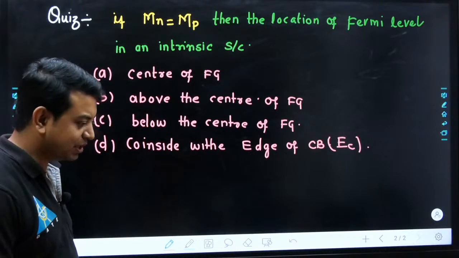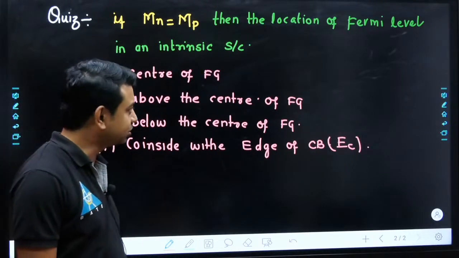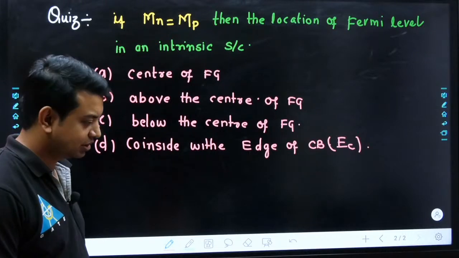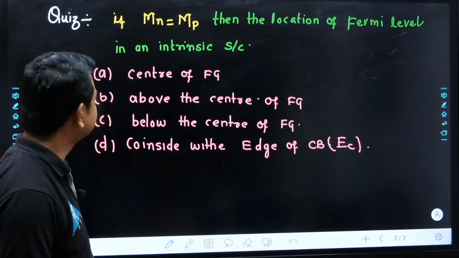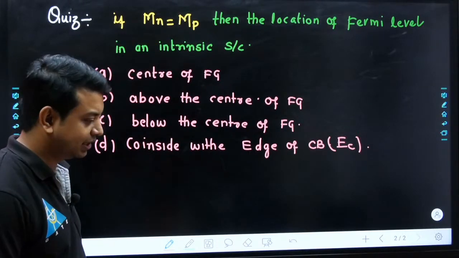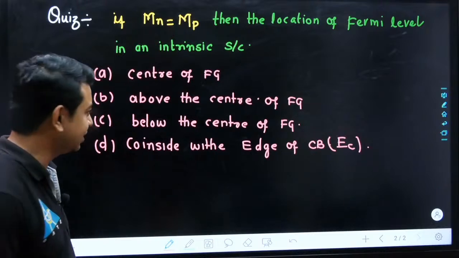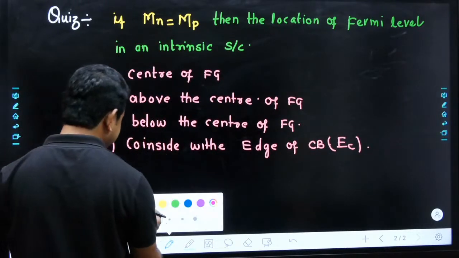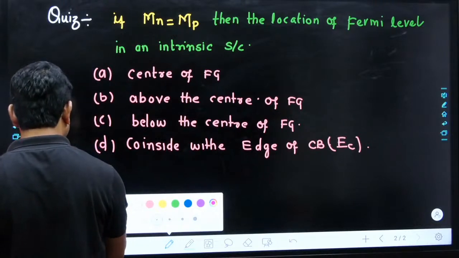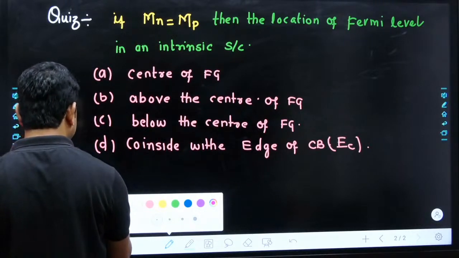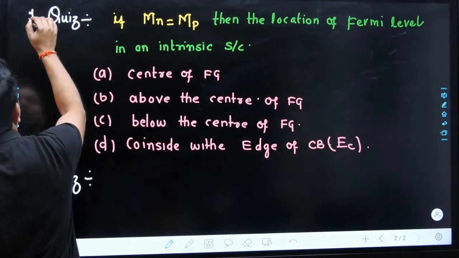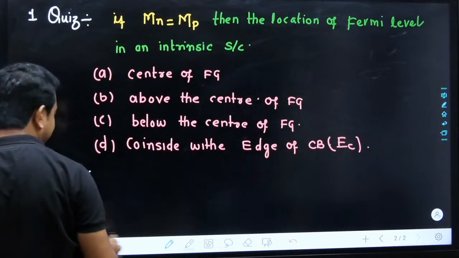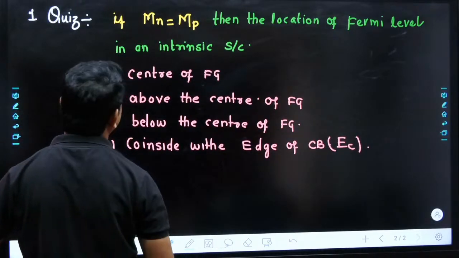I can see Prithvi Srinivas has answered this question and everyone is thinking. So, I just ask that if the effective mass of electron is equal to the effective mass of hole. We can change this question in a similar way and make another quiz. This is quiz number 1 and this is quiz number 2. How can we make another quiz?